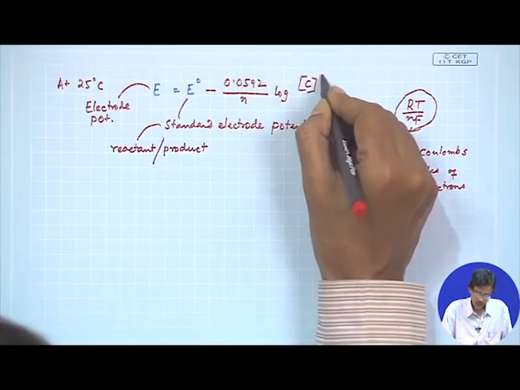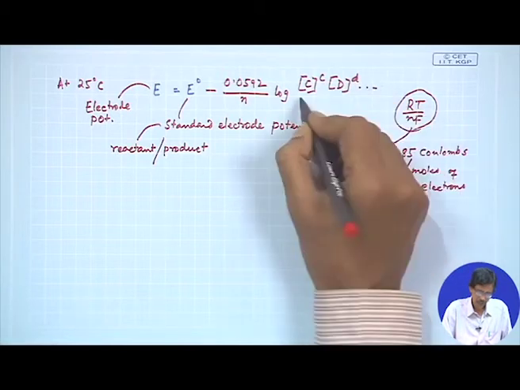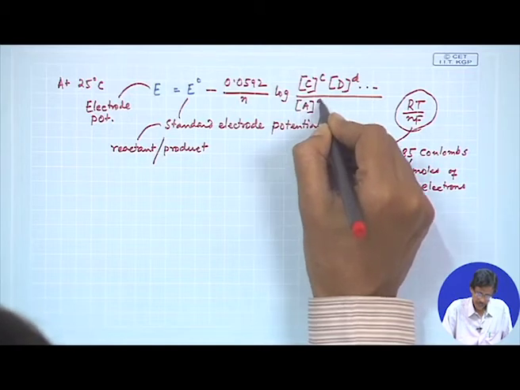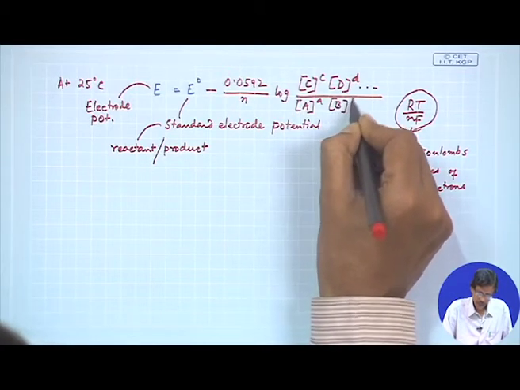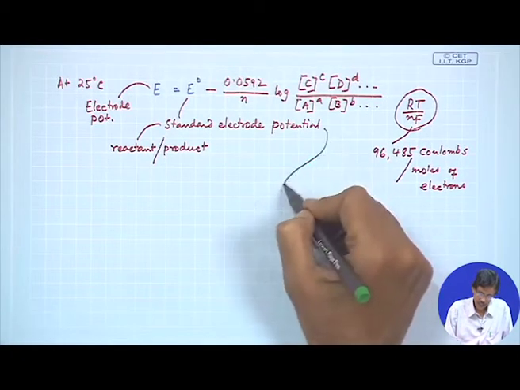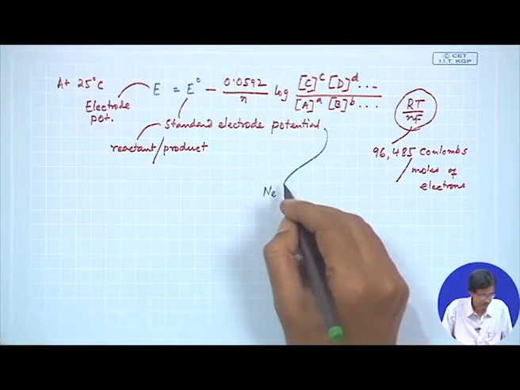So, with C to the power c, D to the power d, and some more, over A to the power a and B to the power b, and some more, this gives you a very famous relationship. This relationship is known as the Nernst equation.